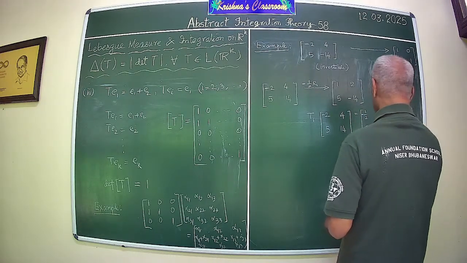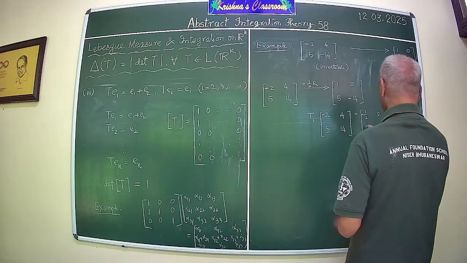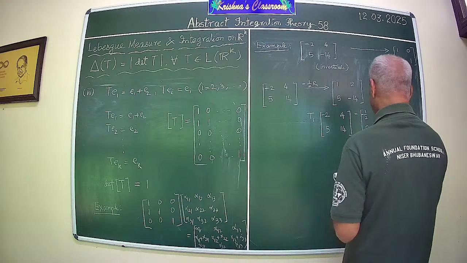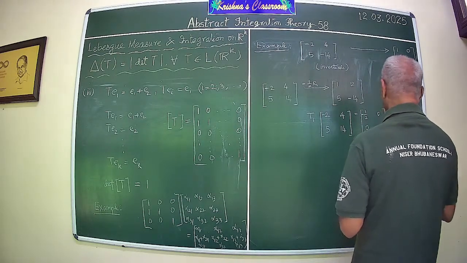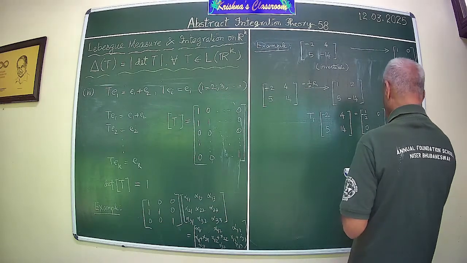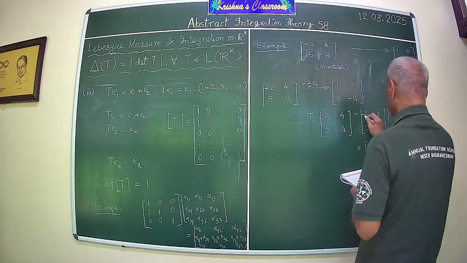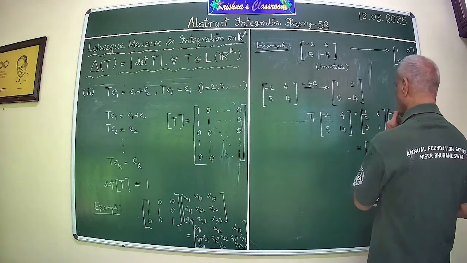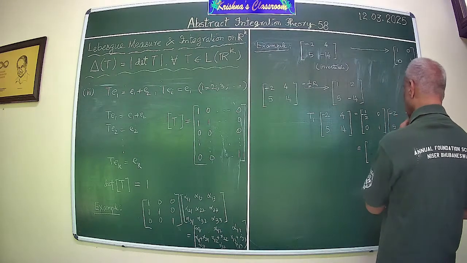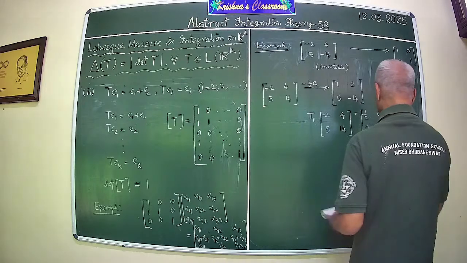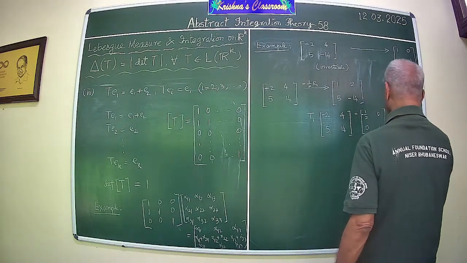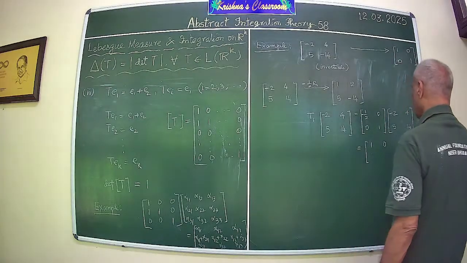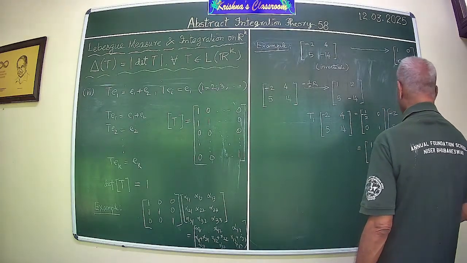You get 2, so this is equal to 1, 0, and then this you take and this you multiply.